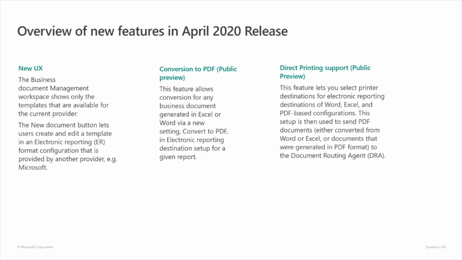And based on this conversion to PDF, we are also releasing direct printing support in public preview. It allows you to configure your printers, which you set up in DRA, the document routing agent, and print documents directly without going to an Excel or Word document.